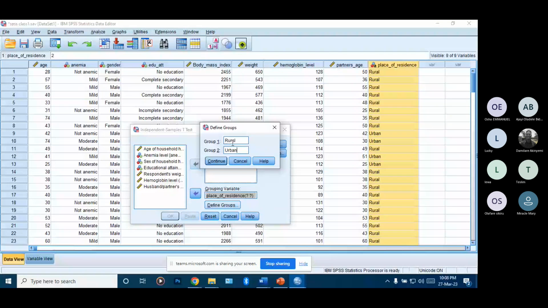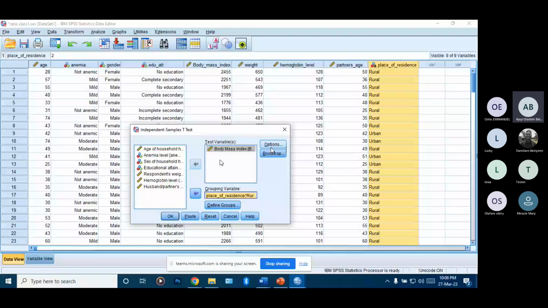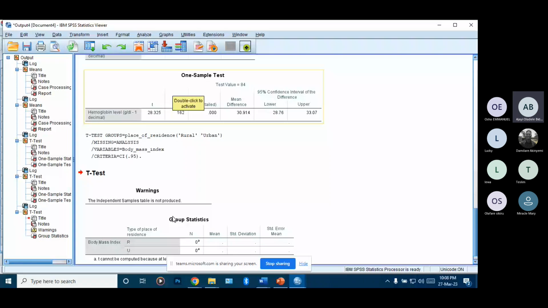Continue. We don't need to check any other thing. Okay, fine. The independent samples table is not produced. Can we see my output? Yes, we can. Very good.